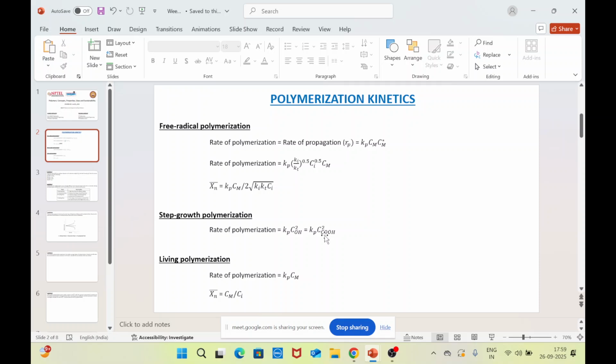Apart from the extrusion process, we also have injection molding. Before going on to the discussion of injection molding, if you have any doubts related to this extrusion process, you are welcome to ask now before we progress any further.